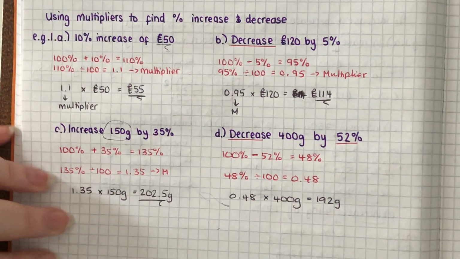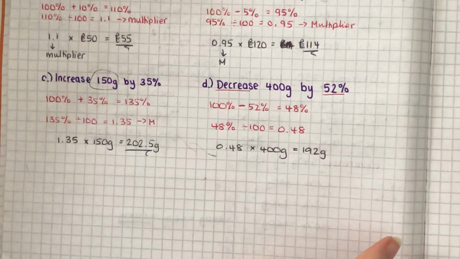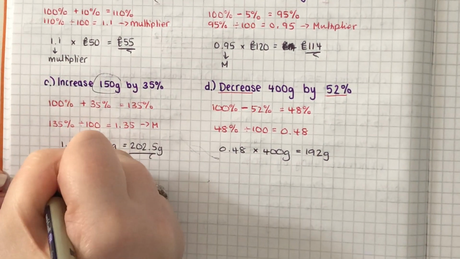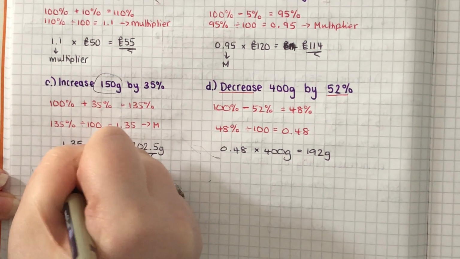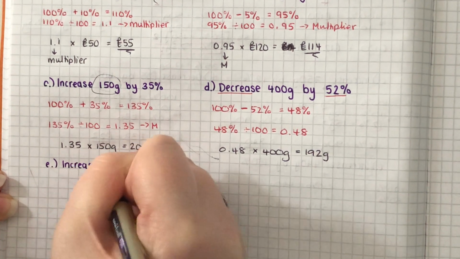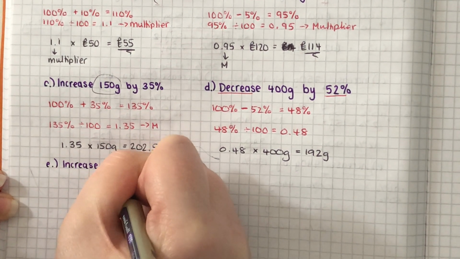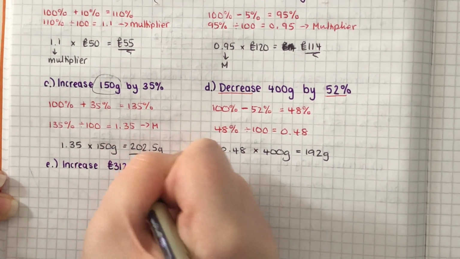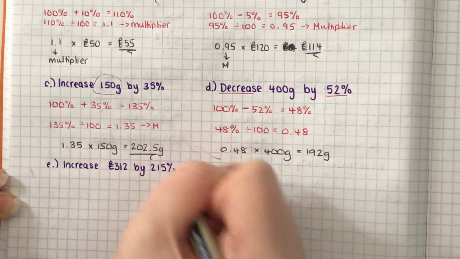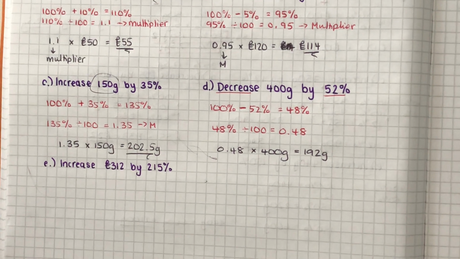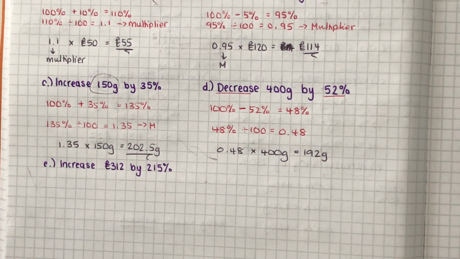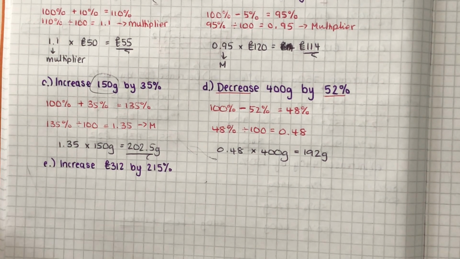Okay, I'm going to quickly just do one more, just a slightly more awkward one. Now, this will only happen with increase, it won't happen with decrease, just because you can't decrease anything by more than 100%.